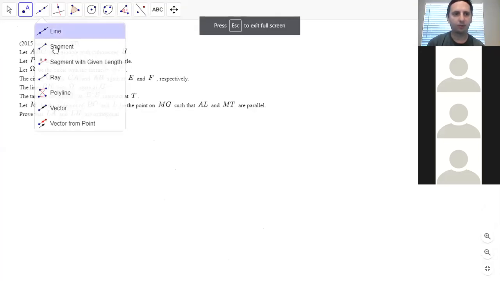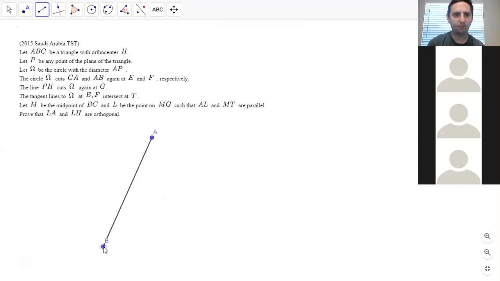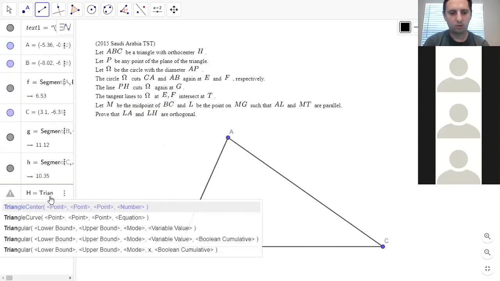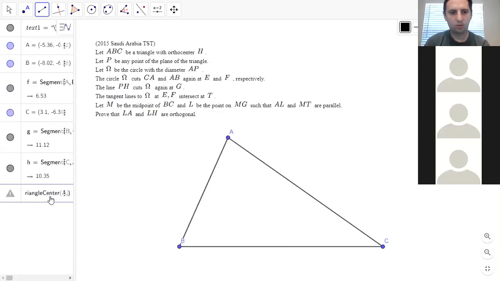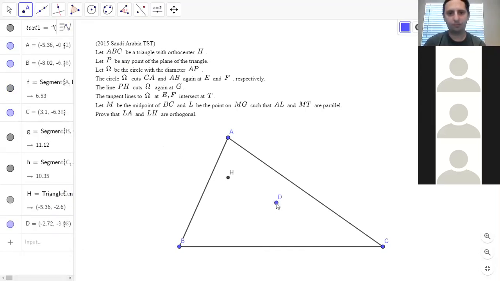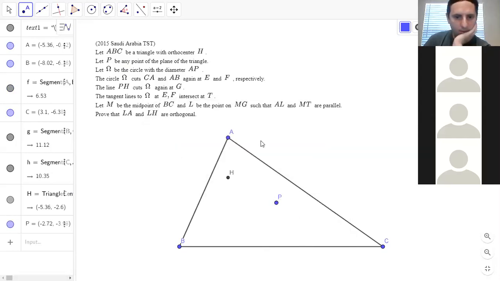So we have a triangle with orthocenter H, and P is any point. I'll just draw it up first. And then we draw the circle with diameter AP.